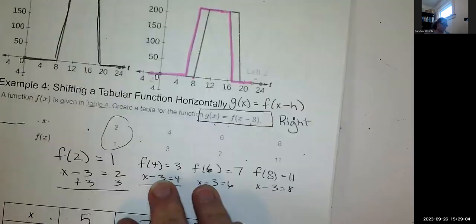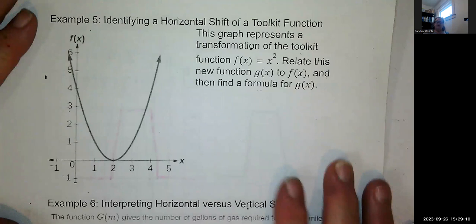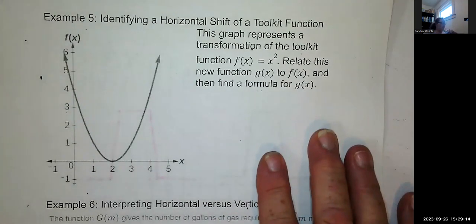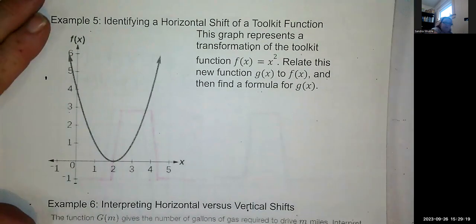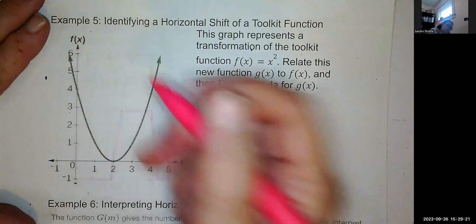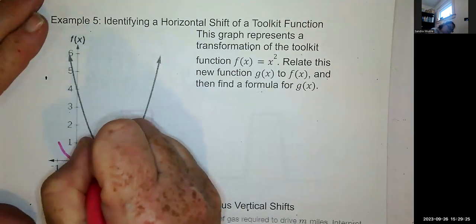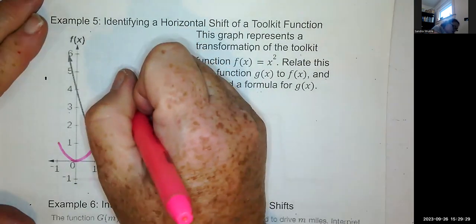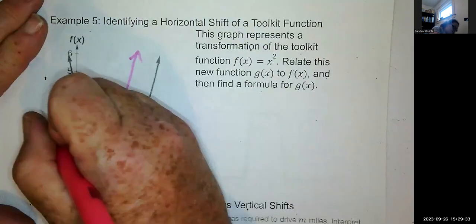Moving on. All right. Example 5. So this is not the original toolkit function of this quadratic, and I'll show you what that looks like. The original toolkit function, I'm just going to draw it in a different color, is a quadratic that 2 goes to 4 there, and it just keeps going, and this one keeps going.